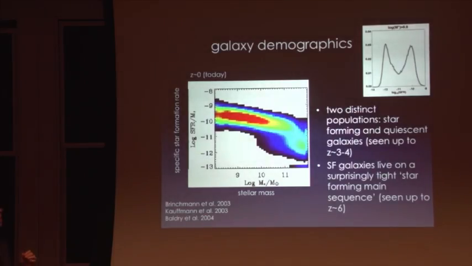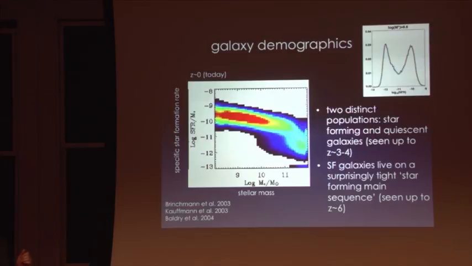Okay. So now, if we take our stellar mass measurements for galaxies, and we can also measure their star formation rate, maybe from ultraviolet and infrared observations, we get this kind of diagram of specific star formation rate, so star formation rate per unit stellar mass versus stellar mass. And again, we see something very interesting.